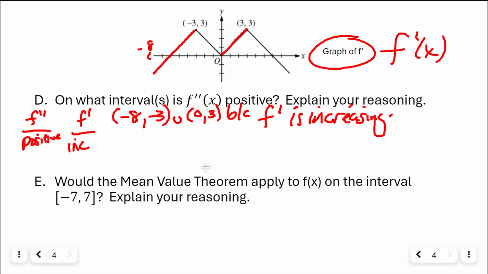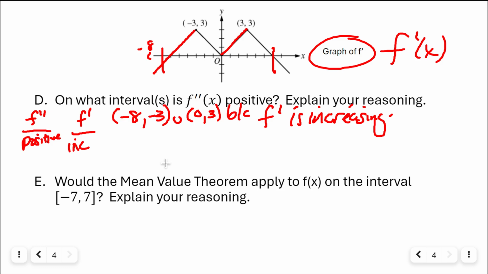And finally, letter E, would the mean value theorem apply to f of x on the interval -7 to 7 closed? So from there over to there. Well, mean value theorem, what the heck does this have to do with anything? Mean value theorem, that's the theorem where the average rate of change is equal to the instantaneous rate of change, right? But what has to be true for that to happen?